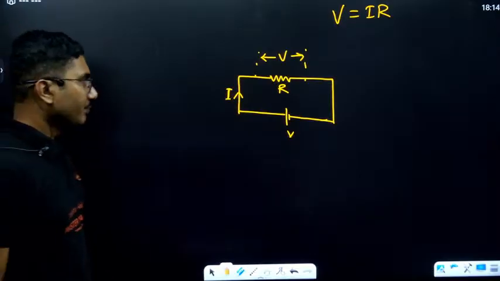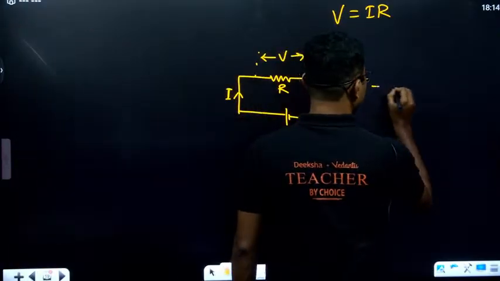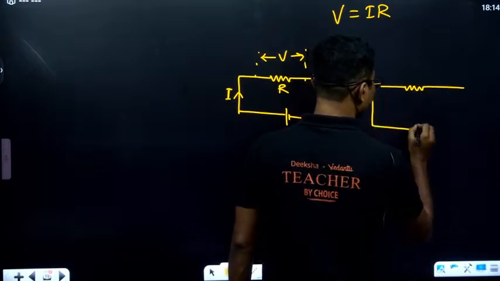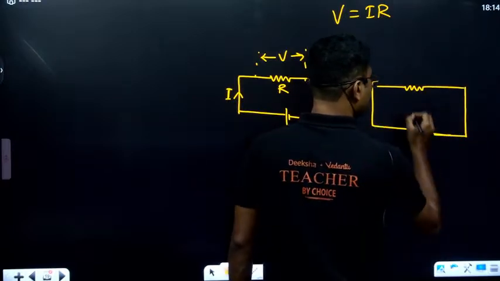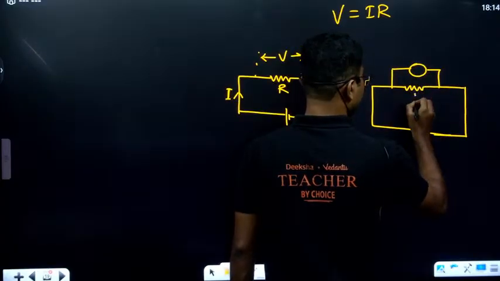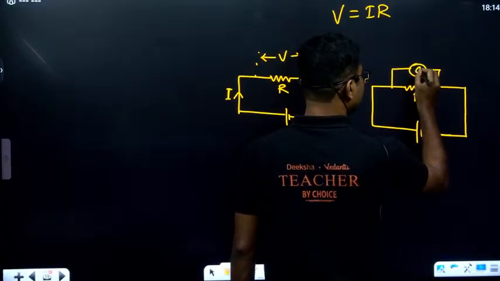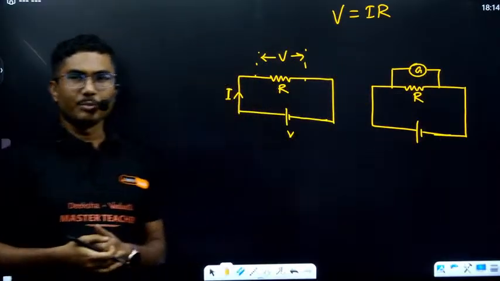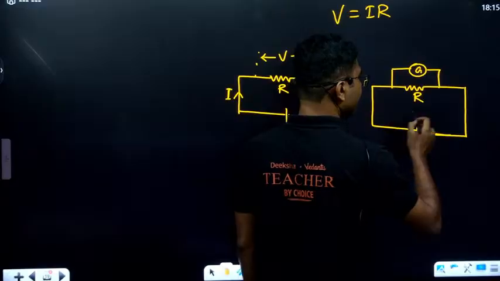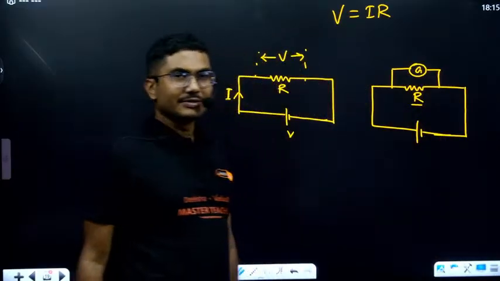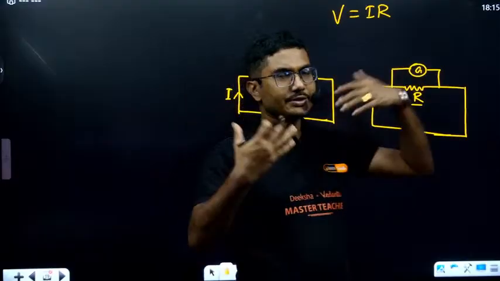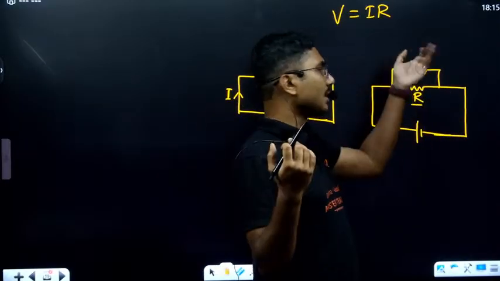Now in our quest to measure this voltage, how do we measure it? We need to connect a measuring device across this resistance, assuming we are simply using a galvanometer to measure the voltage. Now what happens? Suppose this resistance value is very high. The galvanometer resistance is not very high, not very low, somewhere in between.